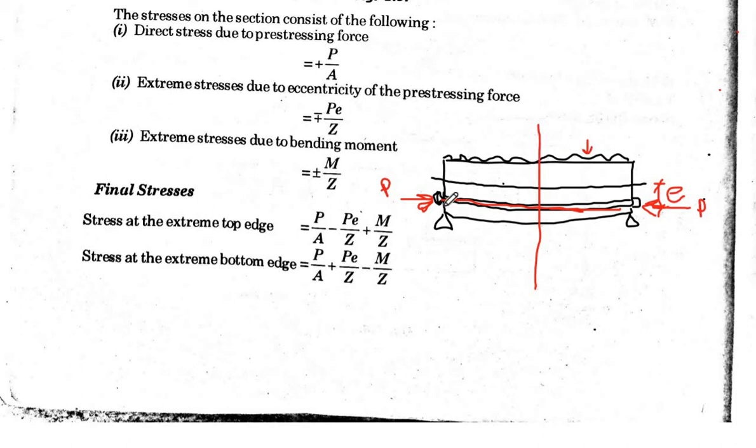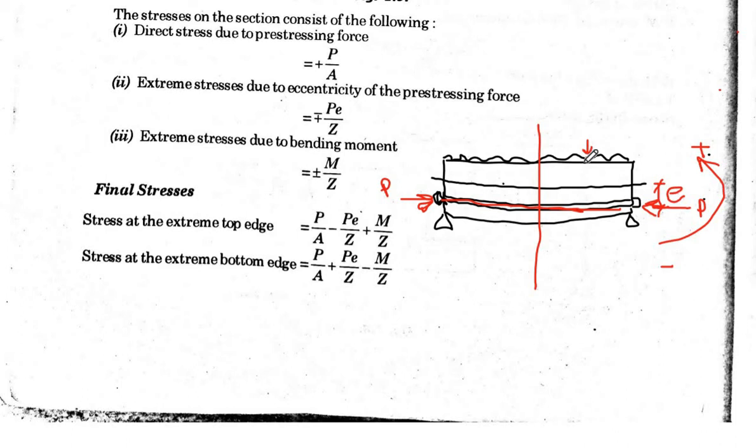But now, due to this eccentricity, another stress will be developed, because there was a moment due to the loadings, dead load or live load. That moment was in this way: plus, that means compression at the top, and minus, that means tension at the bottom, due to this load.